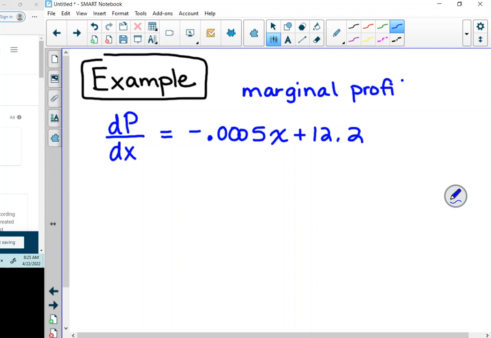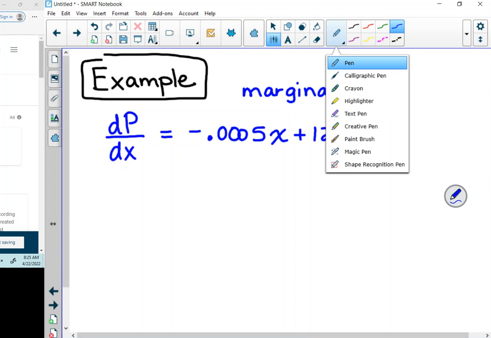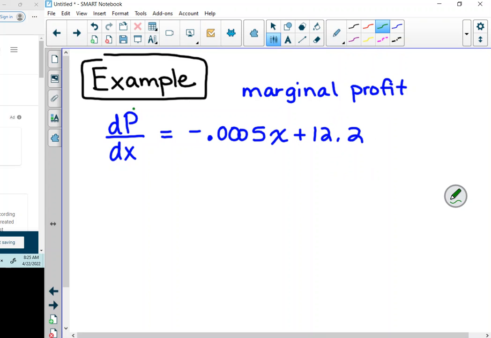One of the things about the marginal profit, the marginal equations in economics, is they tend to use this notation to represent the derivative versus the prime. I think it's more just the emphasis of it's a change in profit over what might be time, or in this case, items.